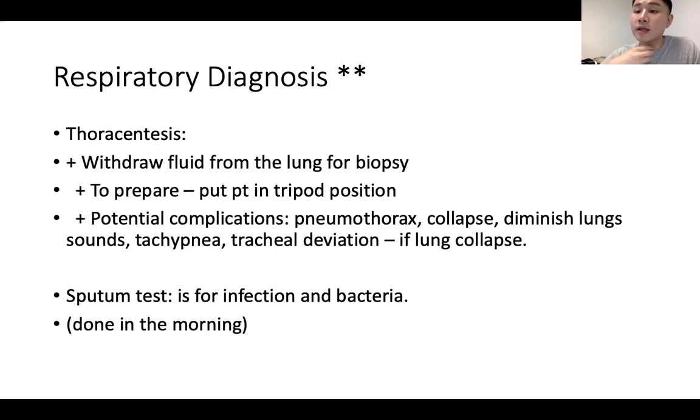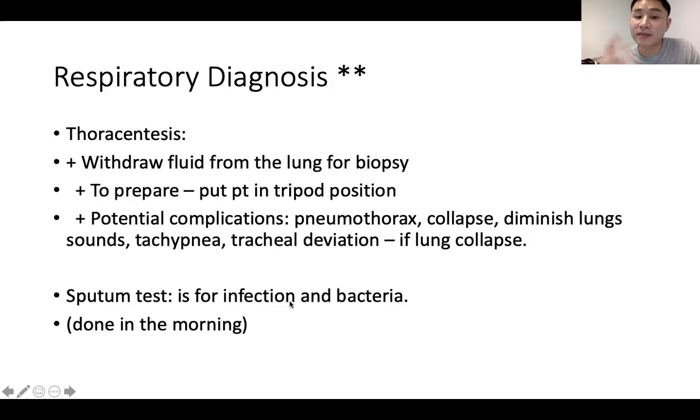Usually the trachea will deviate, meaning it will not be on midline anymore, because one side of the lung is collapsed. When one side of the lung is collapsed, the trachea deviates to the good side. So when it is deviated to the left side, it means the right side was collapsed.